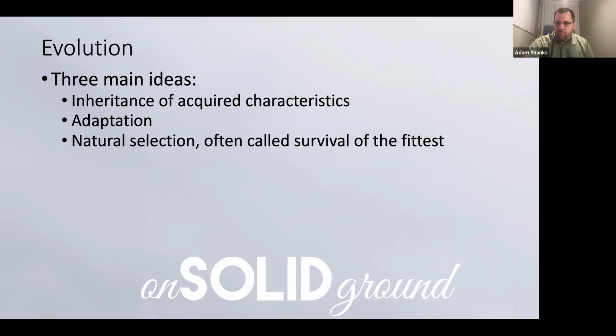The next premise of evolution is adaptation. Adaptation is the idea that we change to suit the environment, and we do. If you go out and work in the garden every day without a shirt on, men, you start to change the way that you look. You're obviously going to change colors because of the sunshine, but you might also lose a little bit of weight. You might be able to trim some of the fat off, sculpt up some muscles because of the hard work you're doing.